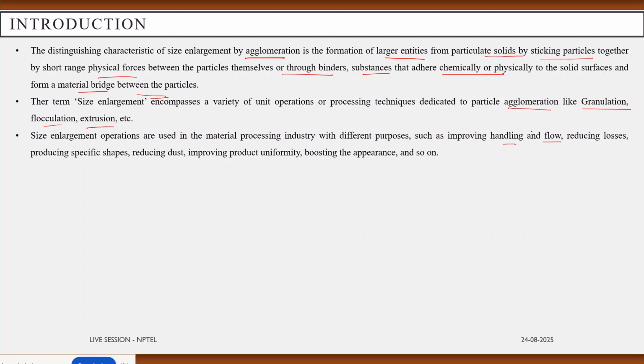We sometimes have to modify our particulate solid nature, shape, size. We have to make a larger particle size because we want to ensure the flowability of that particle through handling time or storage time, reducing losses to the atmosphere, producing specific shapes, reducing dust issues, and improving product uniformity and boosting the overall appearance.